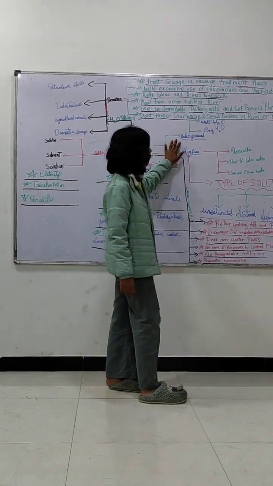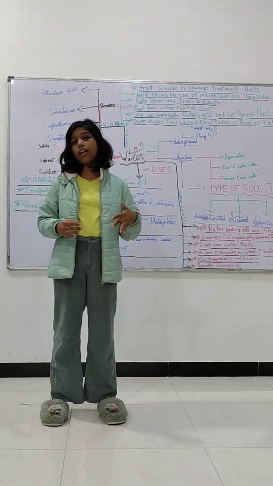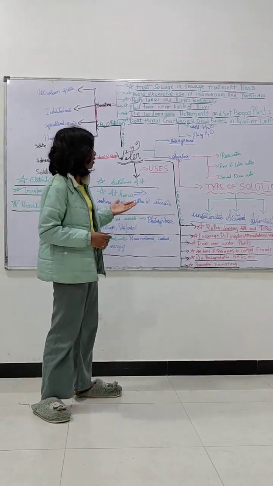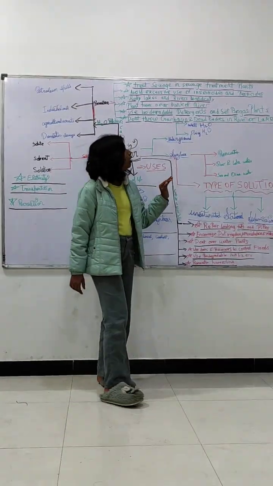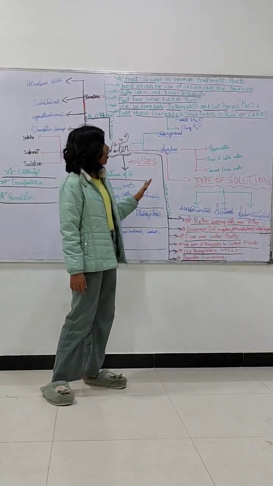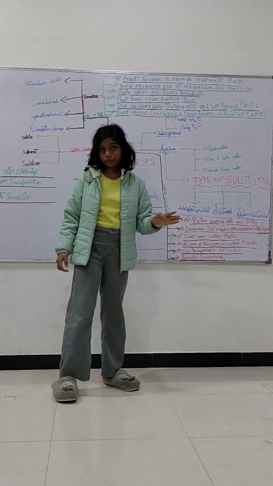Then underground water. The water that is present underground in the earth is called groundwater, or we can say underground water. There are two types of underground water, which are well water and spring water.